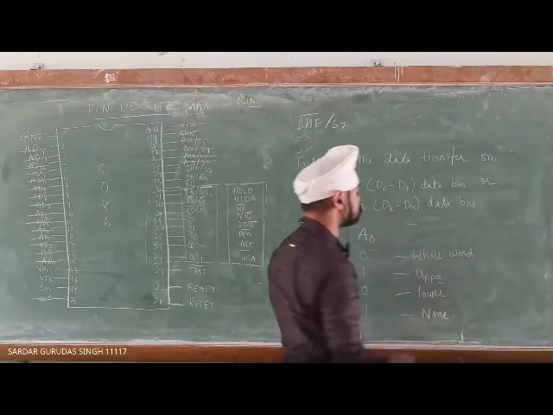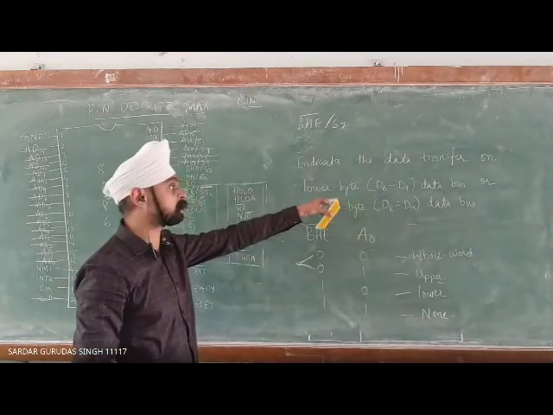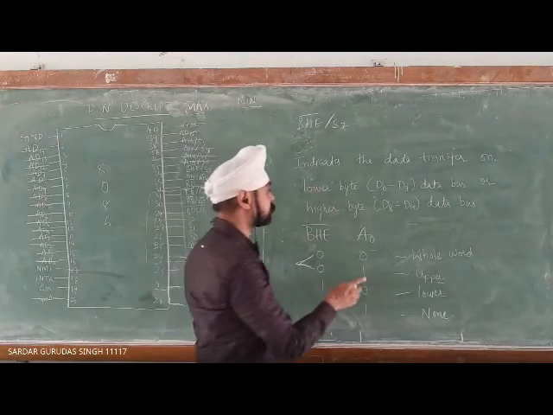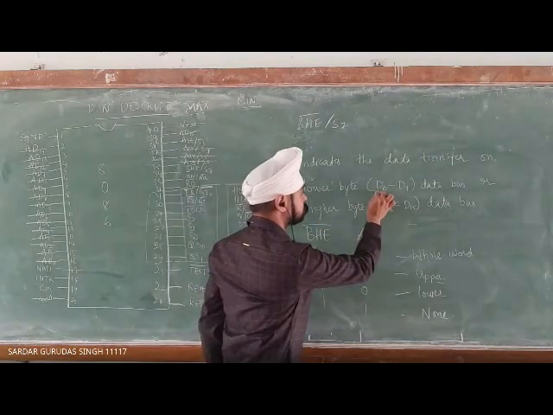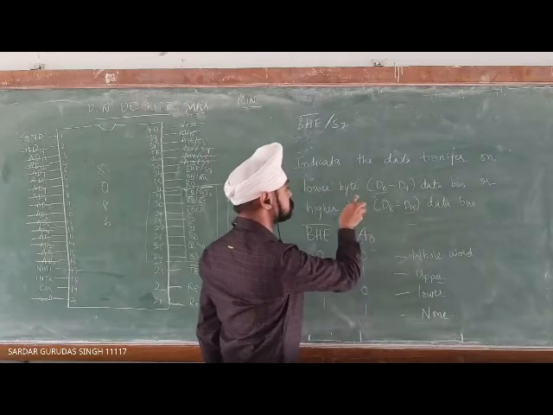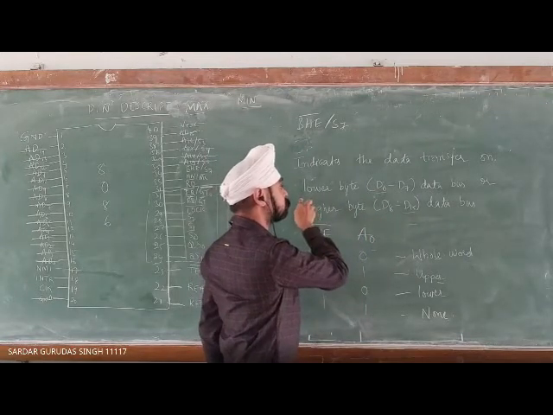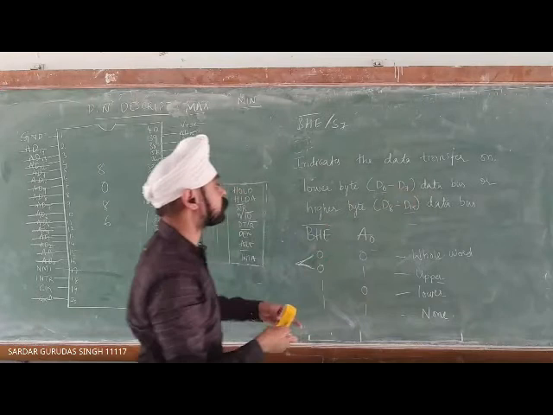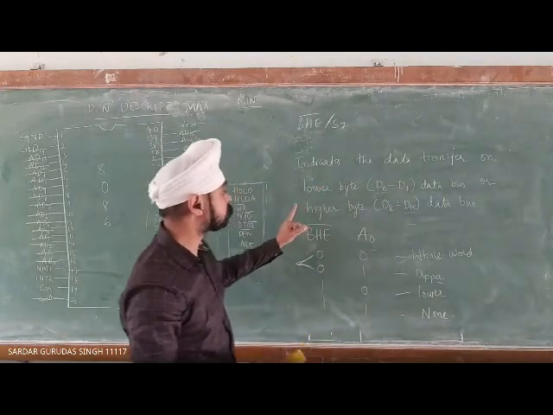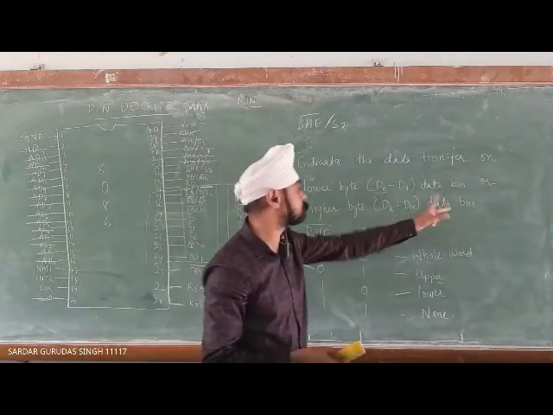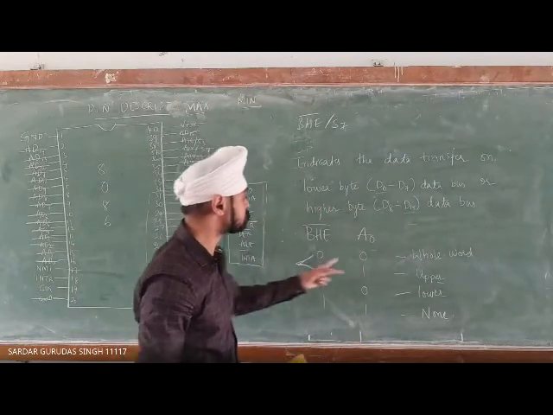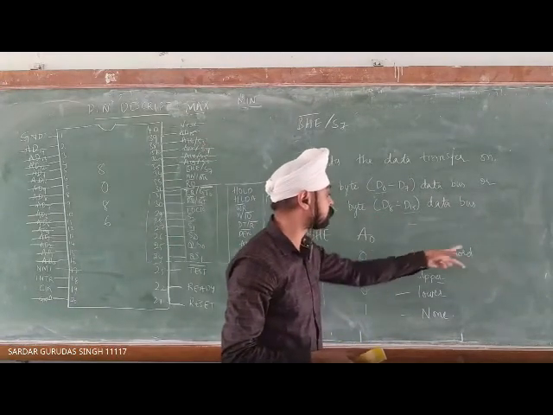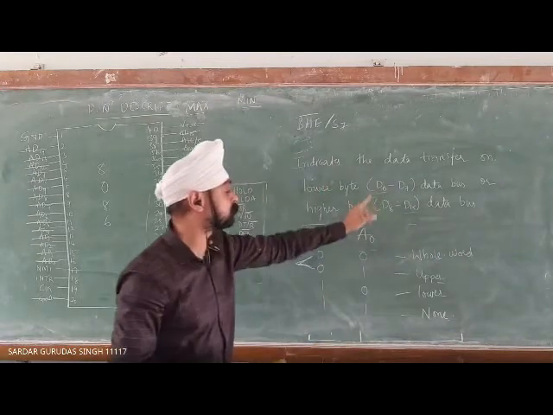Whole word in the sense, the total 16-bit data is sent on D0 to D15. In the sense, on the lower byte data bus also the data is being sent, as well as on the higher byte data bus also the data is being sent. Total 16-bit data is available on both of these buses.